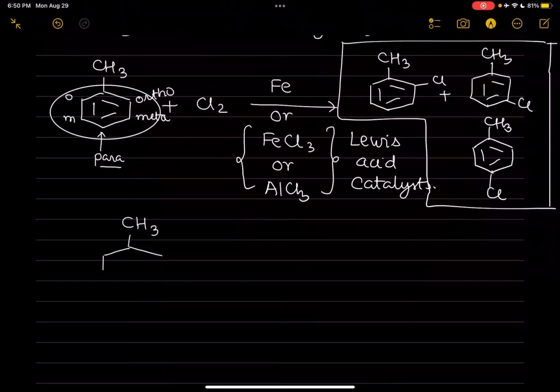So, guys, remember one thing, a very basic thing. This is an electron donating group.